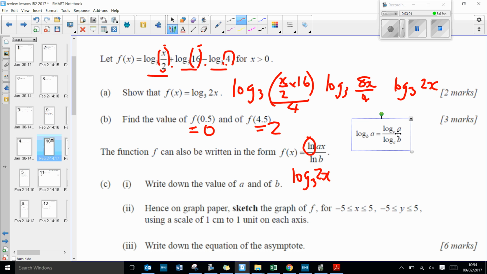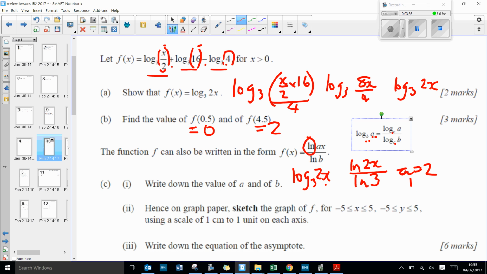If we're changing to log base e, we're writing ln. So our c in both cases is e, and then we're having a on the top. So a here would be the 2x. So we're going ln 2x over ln b, and b in this case is 3, so it'll be ln 3. So the value of a is 2 and b is 3.